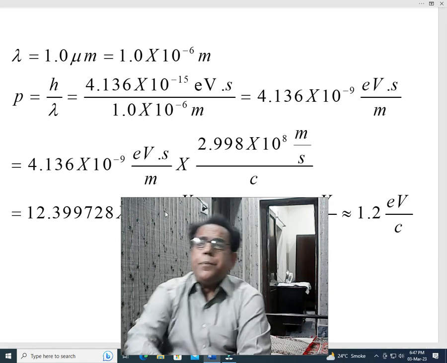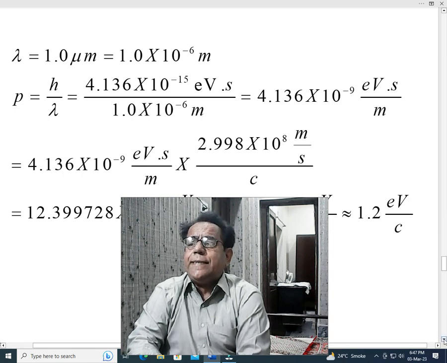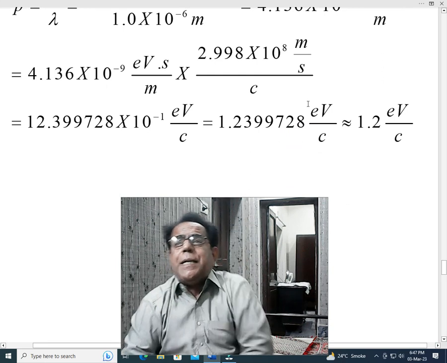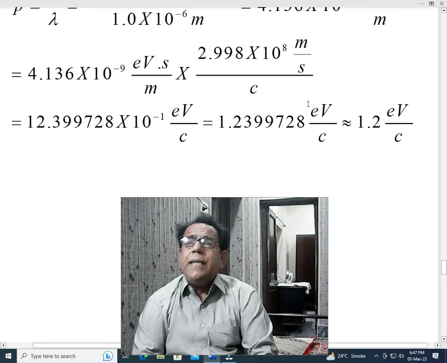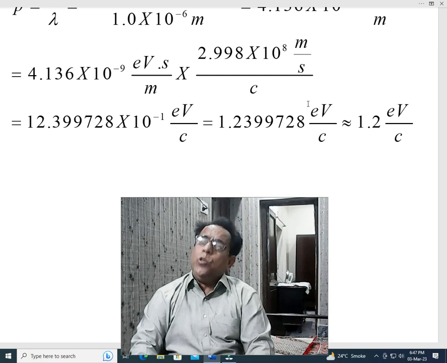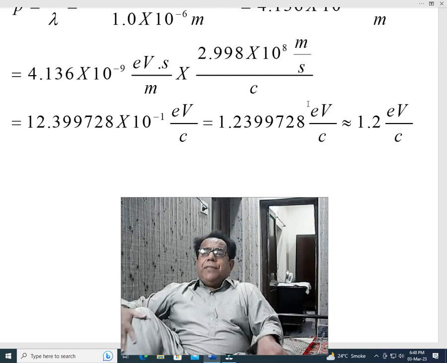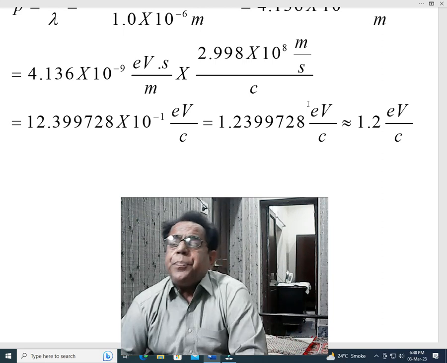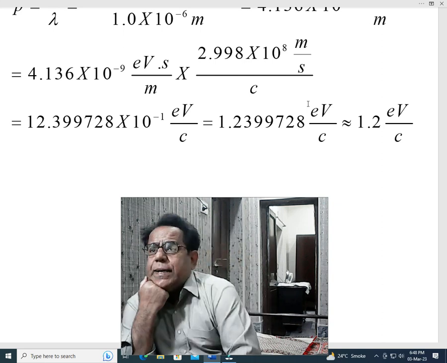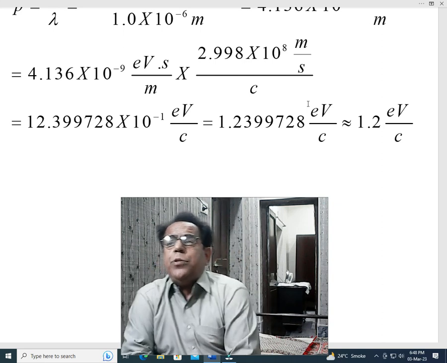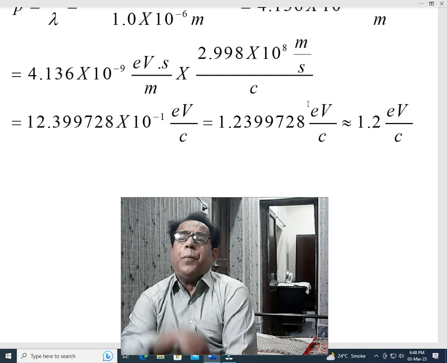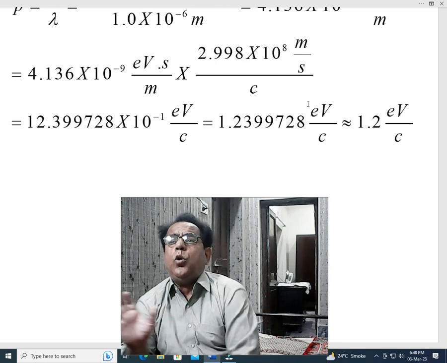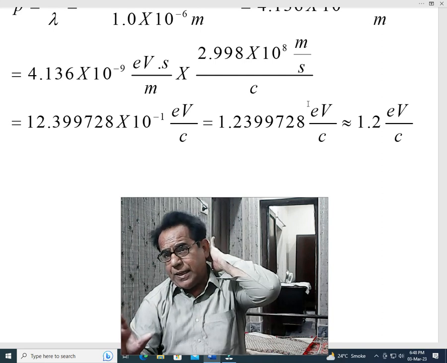So dear students, the next step is that we have divided and multiplied it with C. In the numerator we have taken the value of C, while in the denominator we have just taken C. Because we have to find the value in terms of electron volt over C, if we multiply and divide it by C, then there will be no change in the expression.